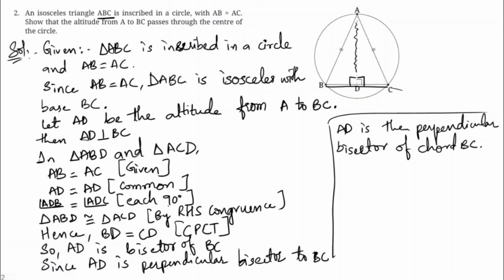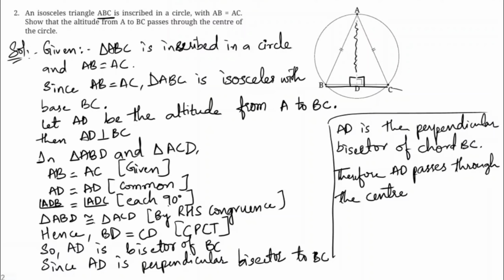So therefore AD passes through the center. So therefore we can say that it passes through the center. Hence the altitude from A to BC passes through the center of the circle.